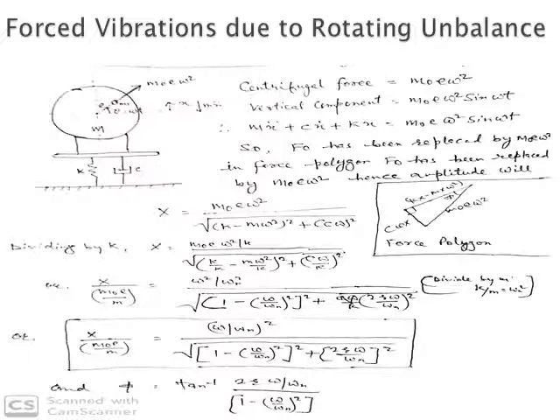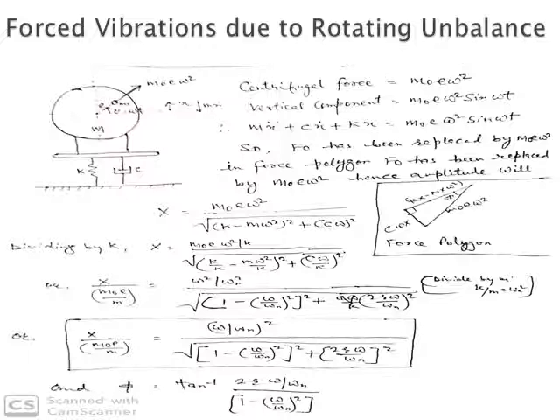So x divided by m0 e by m, where m is the total mass of the system and m0 is the disturbing mass due to rotating unbalance, equals omega by omega n, whole square, divided by the root of 1 minus omega by omega n, whole square, whole square, plus 2 zeta omega by omega n, whole square. And the phase angle phi from this triangle is tan inverse of 2 zeta omega by omega n divided by 1 minus omega by omega n, whole square.